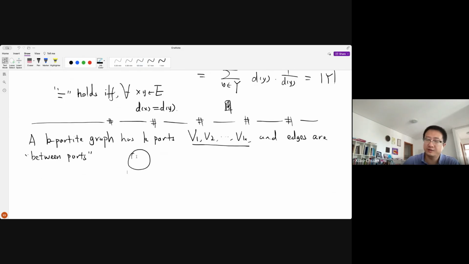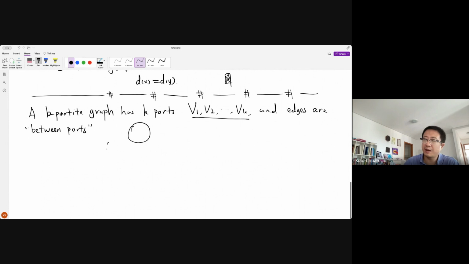This kind of thing happens a lot in graph theory. It's very common, and you always have to deal with this kind of graph. So basically, you have v1, v2, v3, and so on, up to vk, and every part has no edge inside. So all edges are between parts.